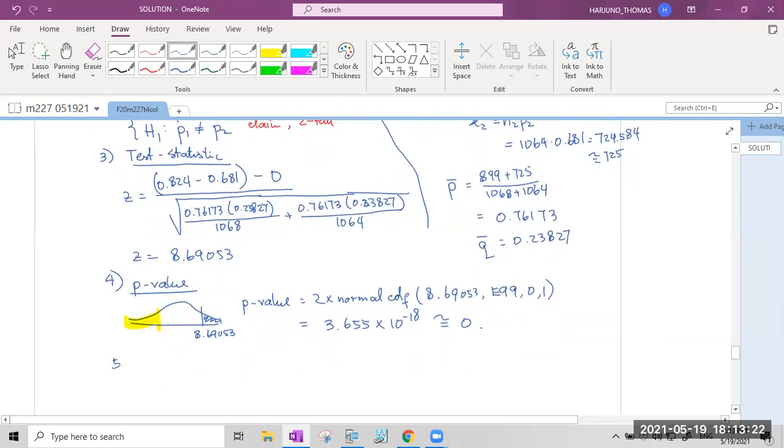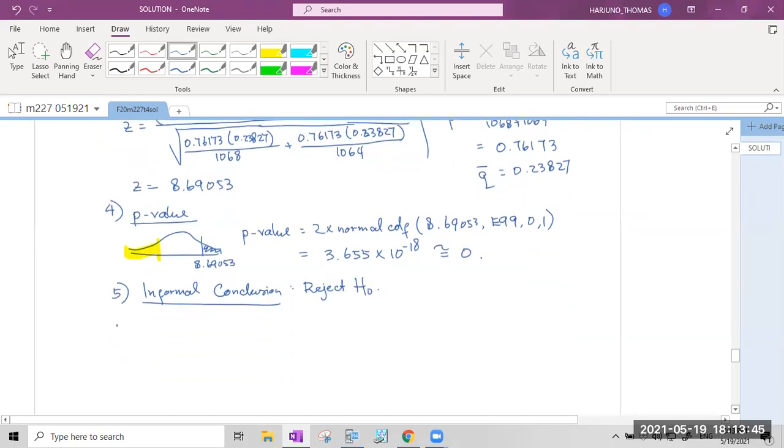So step 5, informal conclusion: reject null hypothesis, because the p-value is so small already. Super small.